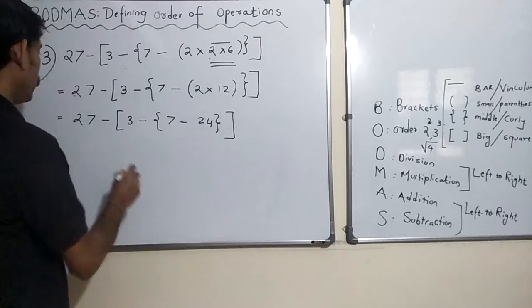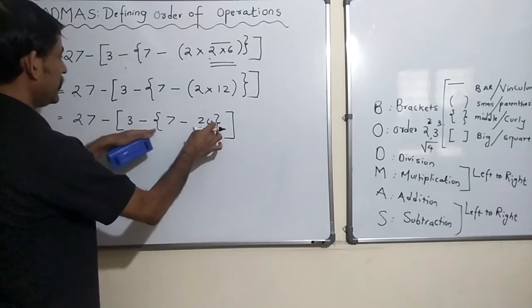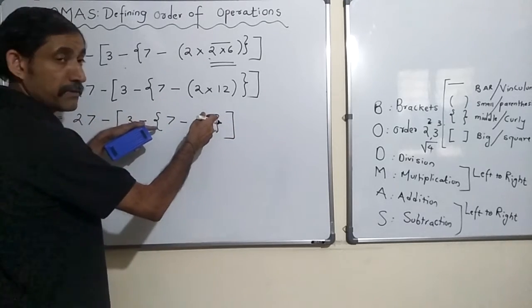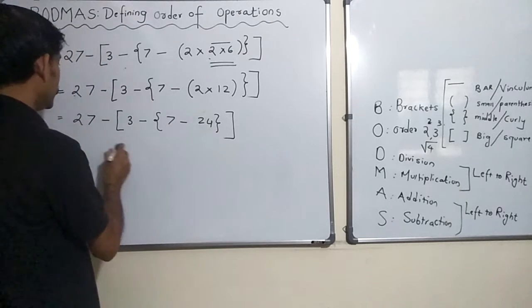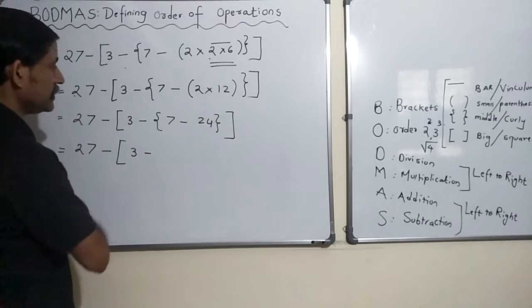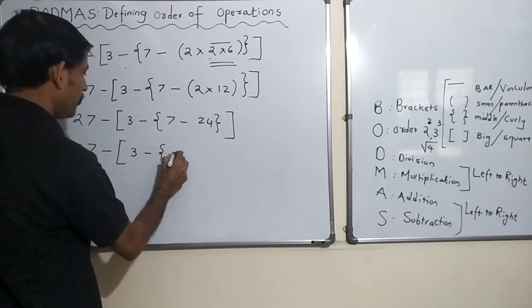So this becomes 24. Now bracket, inside bracket. Typically you start with the outside bracket, and you will realize that applying BODMAS you would end up eventually solving the innermost bracket. Minus, 7 minus 24 is minus 17.